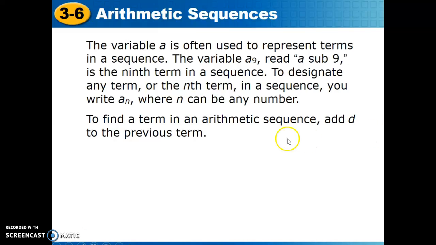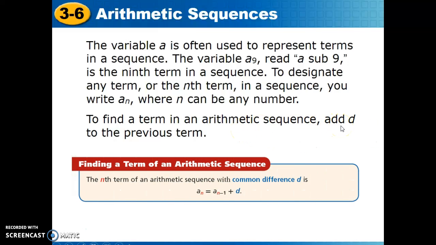To find a term in an arithmetic sequence, add d to the previous term. Hence our first formula. The formula makes a lot of sense, but it doesn't seem like something you'd use. We know that we just have to add d each time we want to find a new term. Let's look at this equation, though.